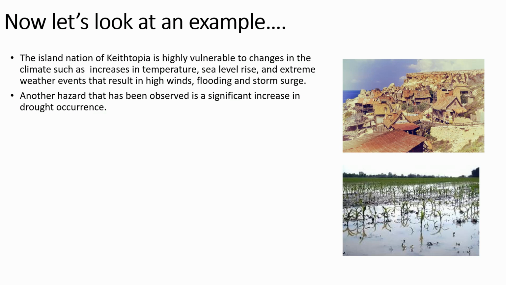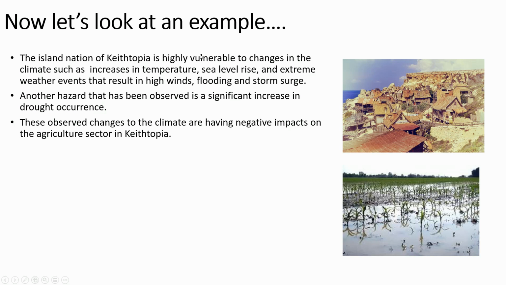So we have more and more drought here in Ketopia, and that's coming from climate change. We've observed this over time, over the years. Since 1950, we have recorded a real increase in droughts, especially in the past 20 years. Now, these observed changes to the climate are having very negative effects on our agriculture sector.